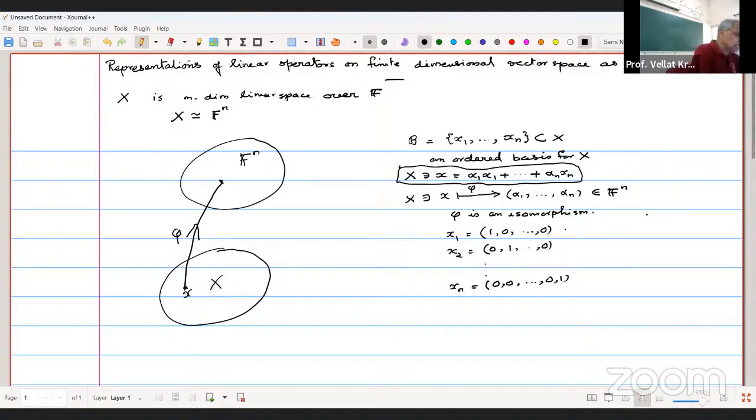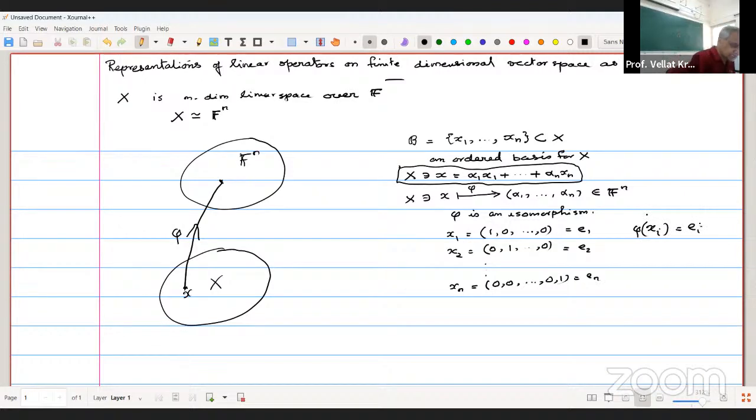Now, this is in our standard notation: e1, e2, ..., en. So the elements of the ordered basis that you have chosen are mapped onto the standard basis for Fn. So phi of xi is equal to ei.